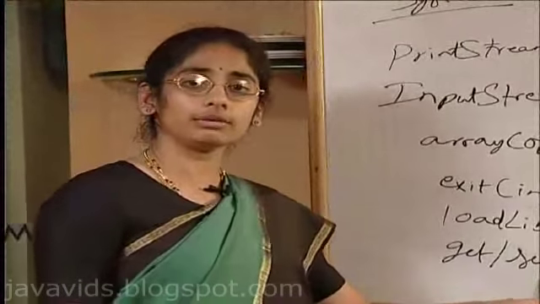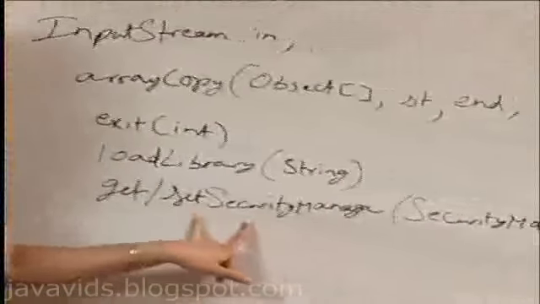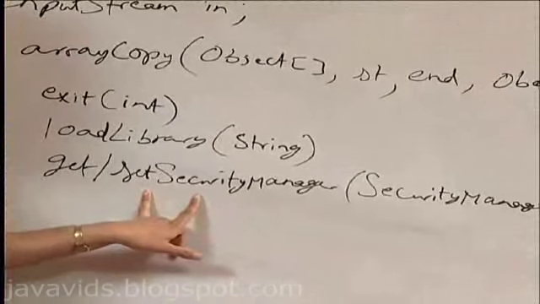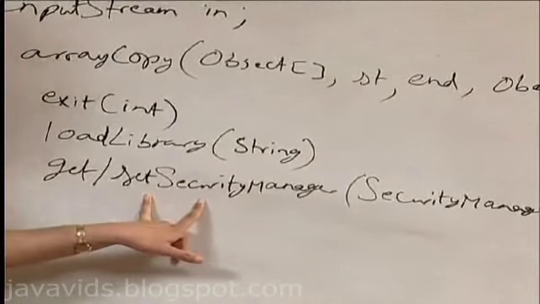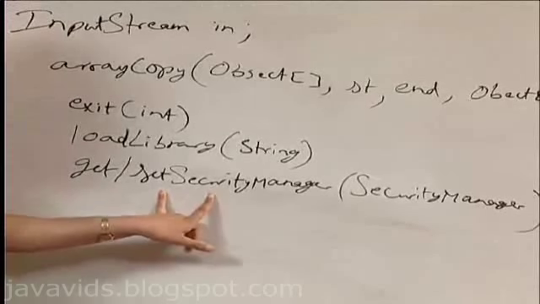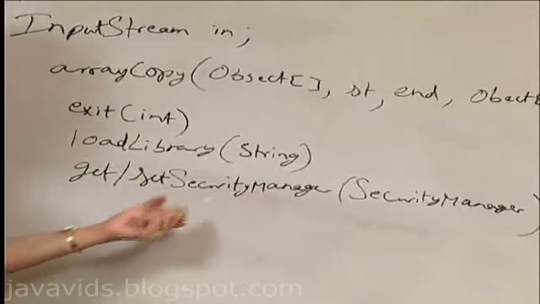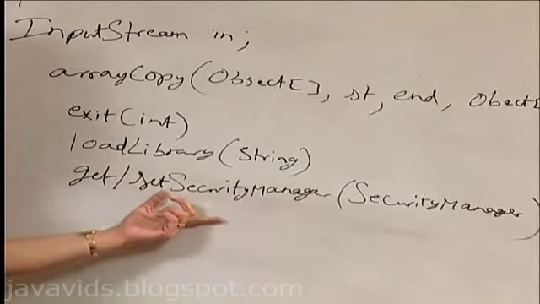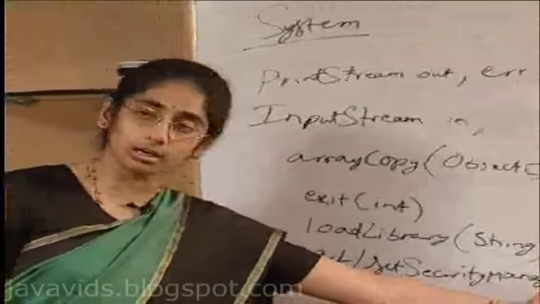Similarly, if you want to derive your own security manager class, you can write that specifying what restrictions you want to place on your application, and load that security manager by calling setSecurityManager in your application, passing the object as parameter.